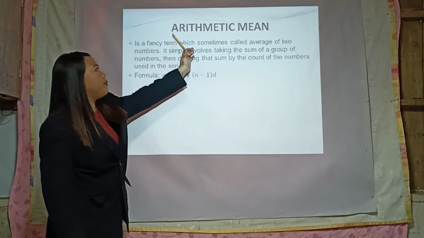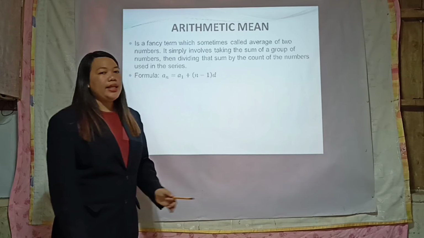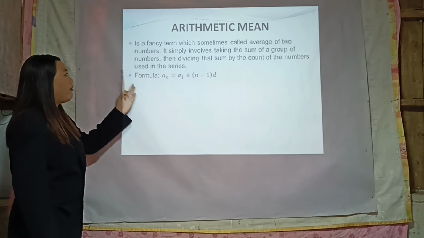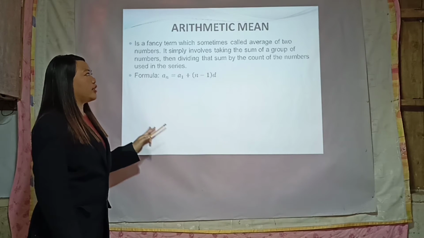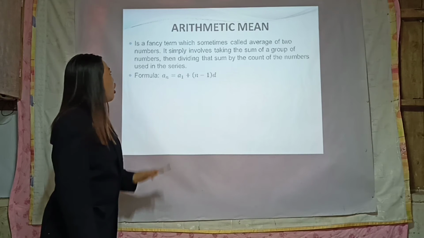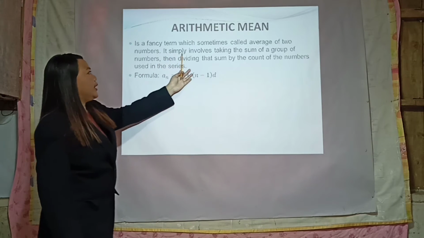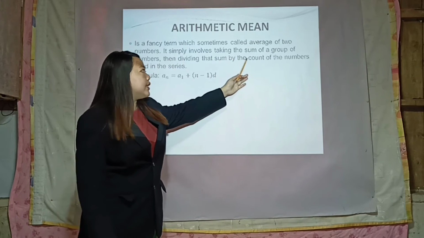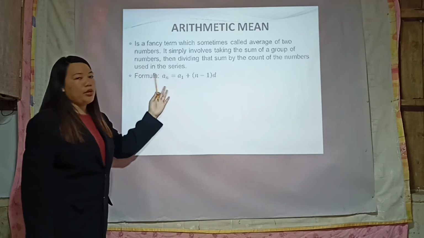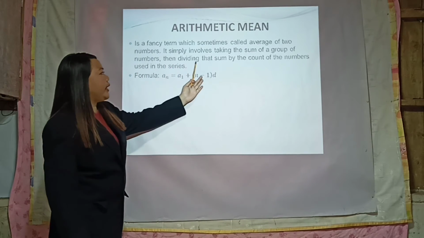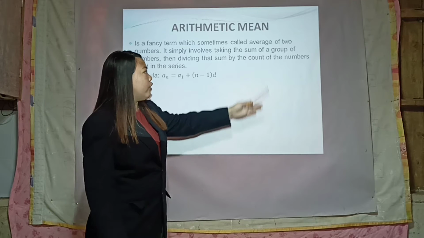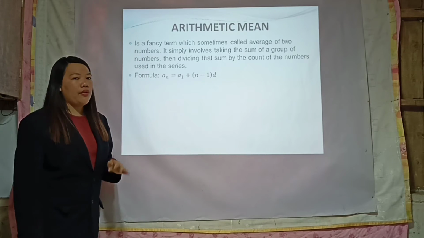So now let's move to arithmetic mean. In a fancy term, sometimes called the average of two numbers, it simply involves taking the sum of a group of numbers, then dividing the sum by the count of the numbers used in the series.